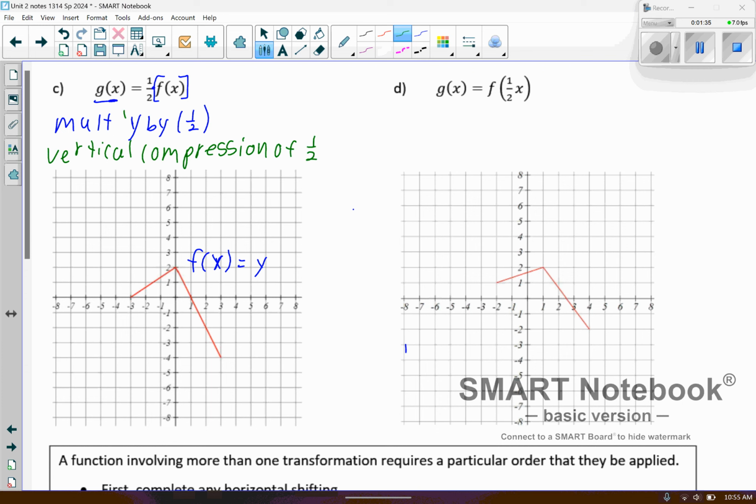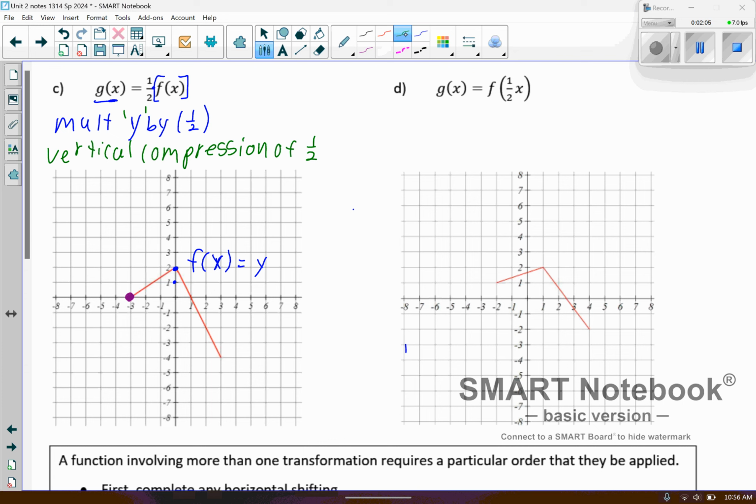If you want to get a little technical, that's really what's going on. But like I said, I like to put it in very basic terms so I can come up with my new graph. And so looking here, all my y values are going to get multiplied by 1/2 at these three key points, right? So the first one, the y value actually is 0, so half of 0 is still 0. So I actually just stay right there. Then my next point right here, the y value was 2, but half of 2 would be a 1, so it's going to shrink down to there, or compress.